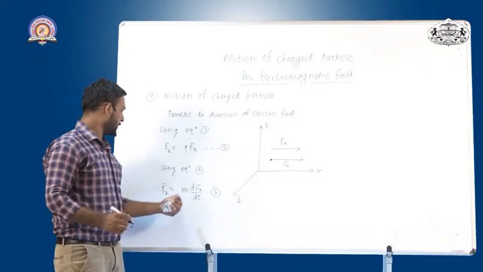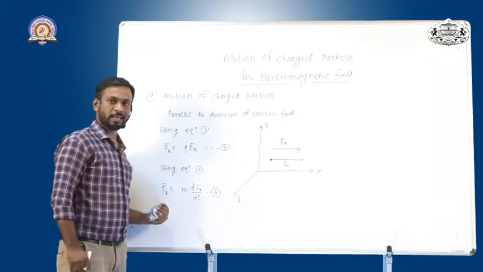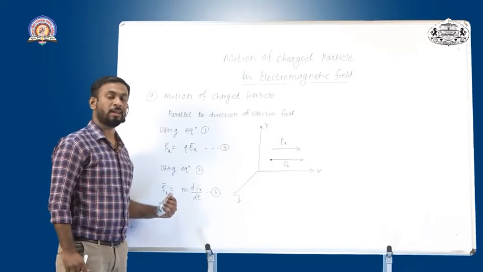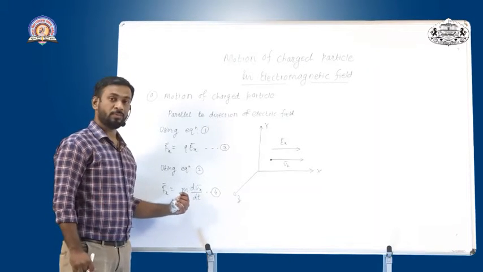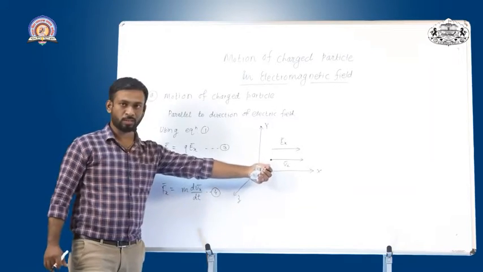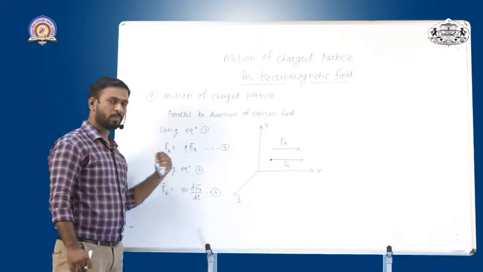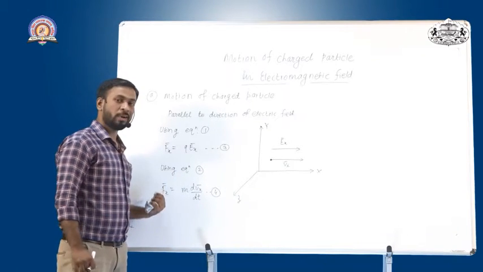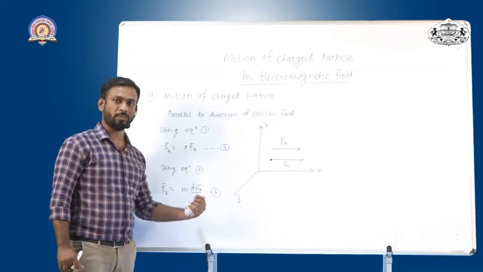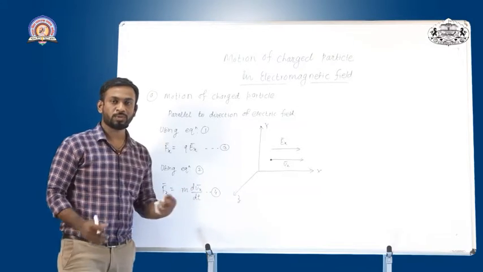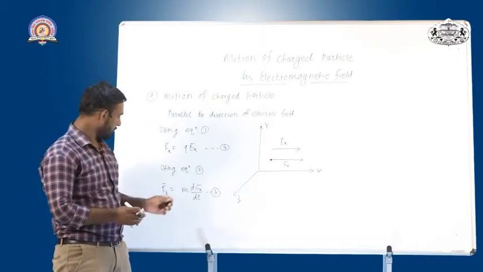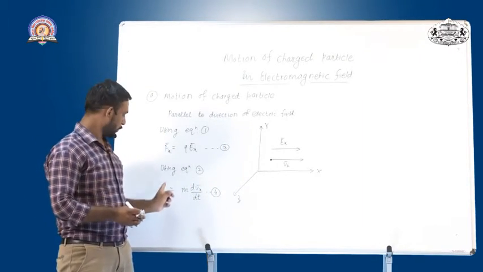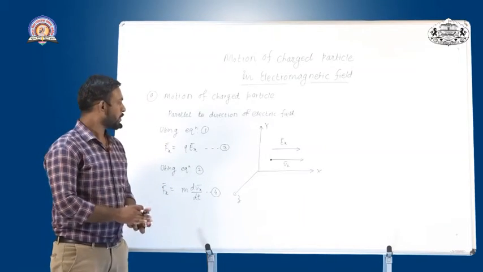The x suffix indicates that the motion of the charged particle is also in the direction of the electric field, which is along the x axis. When a charged particle experiences the electric field, the force on it is in the direction of the electric field, and as we know, force causes acceleration of a body, and this term denotes the acceleration. So the direction of force and acceleration should be the same.